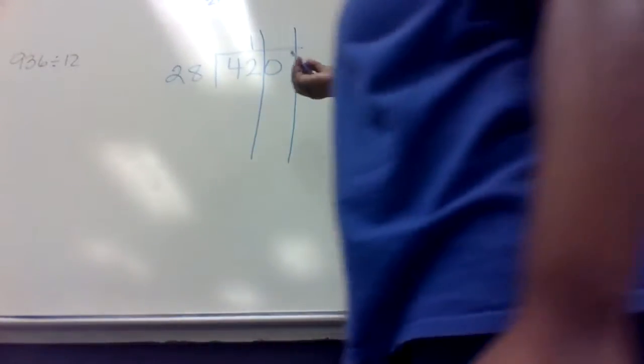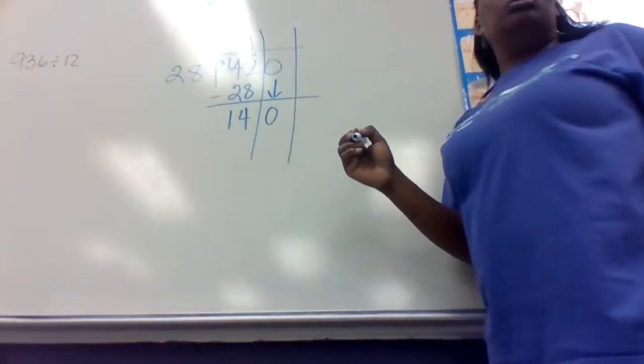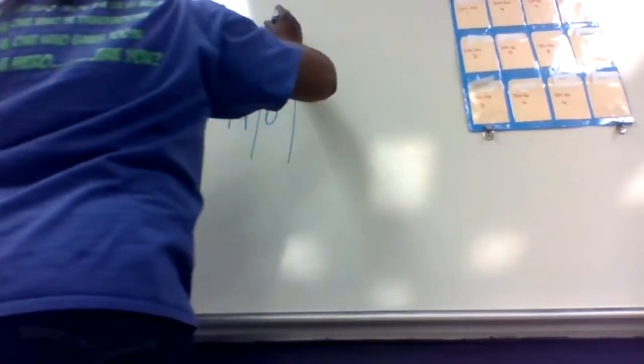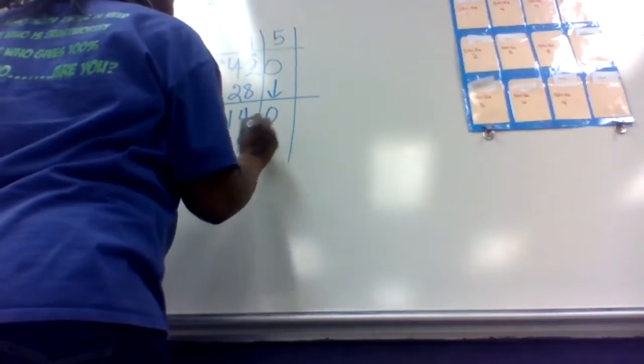Then what are we going to do? Subtract. 28 minus 42, it's gonna be 14. So 1, 4. Bring down our 0. It's gonna be 5. 28 times 5 is 140.